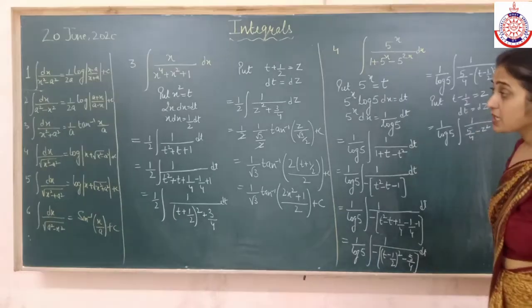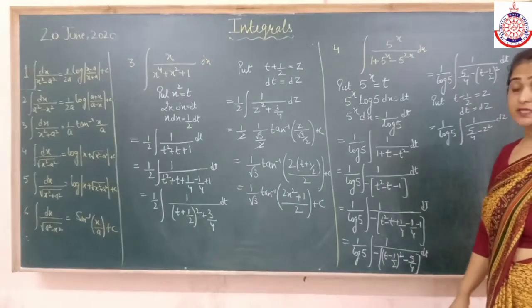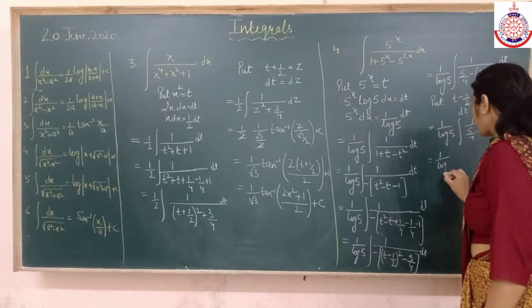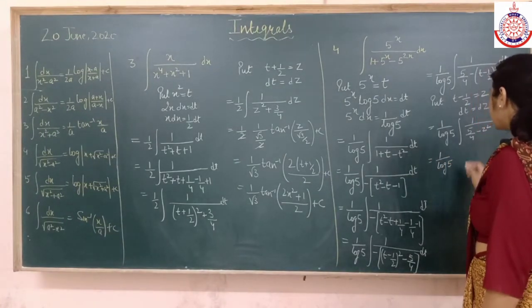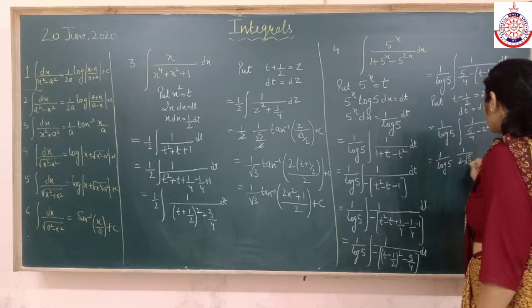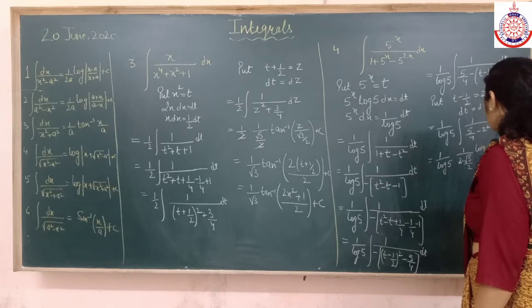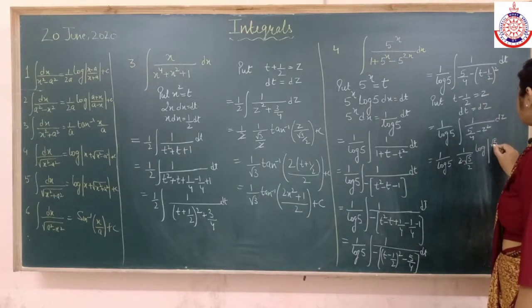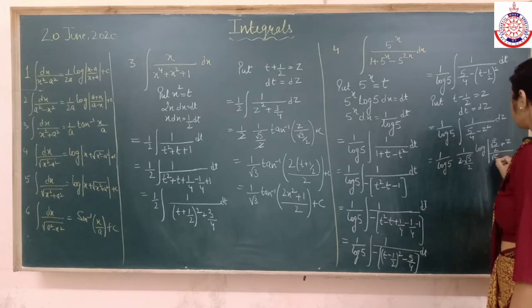Which form is it? 1 upon a square minus x square, the second one. That is 1 by 2a. What is a? Root 5 by 2, log of a plus x upon a minus x, plus c.